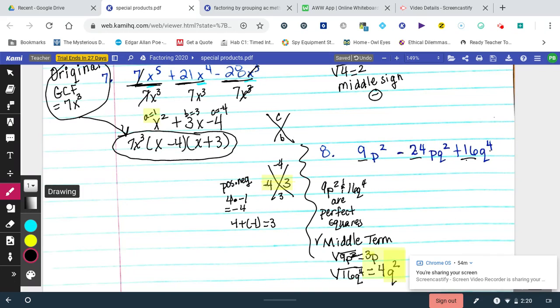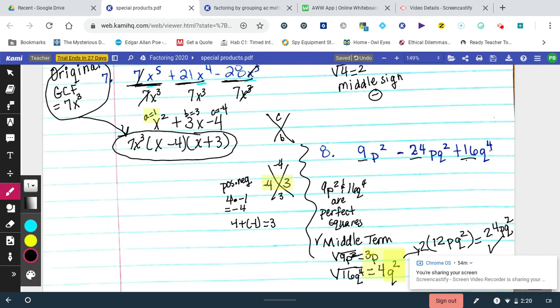All right, so this product is actually 12pq squared, but twice that means it should actually be 24pq squared. So does it check out? Yeah, it checks out. Okay, there's my 24pq squared.